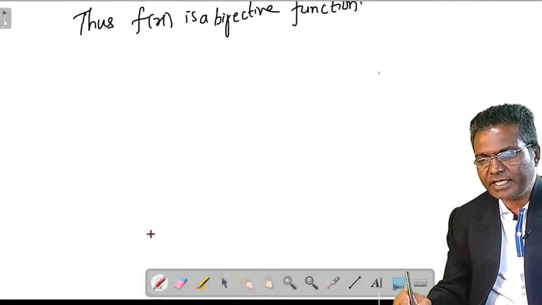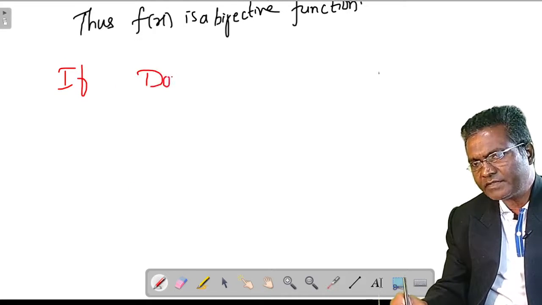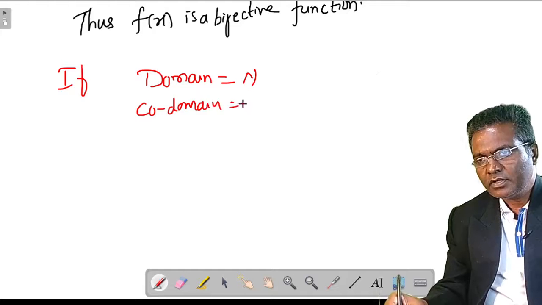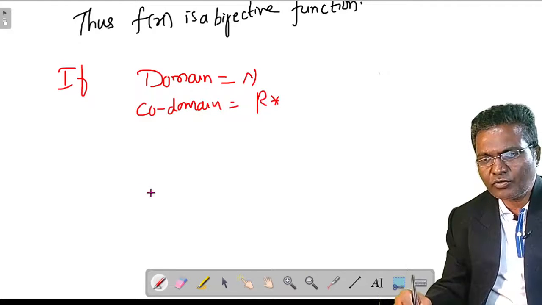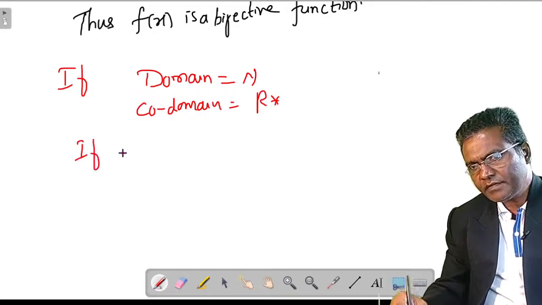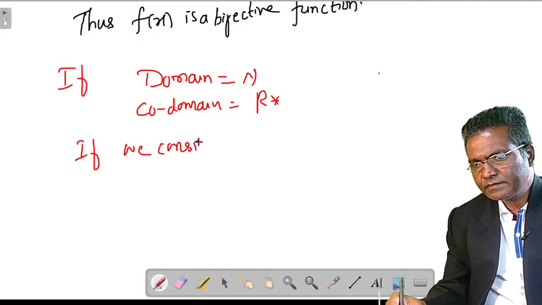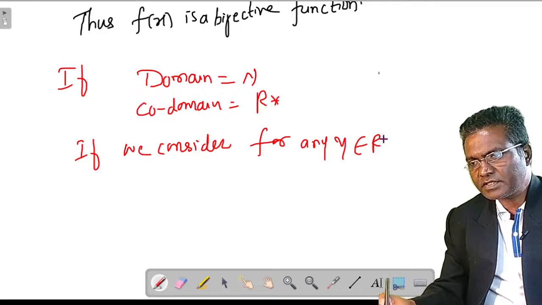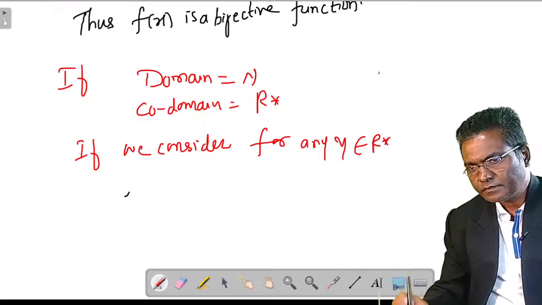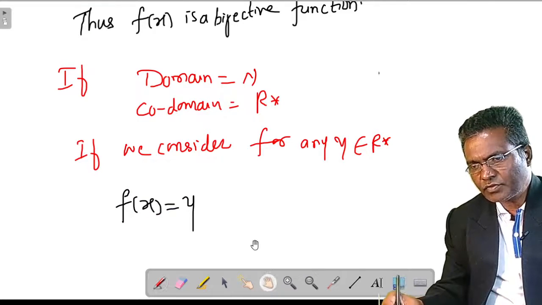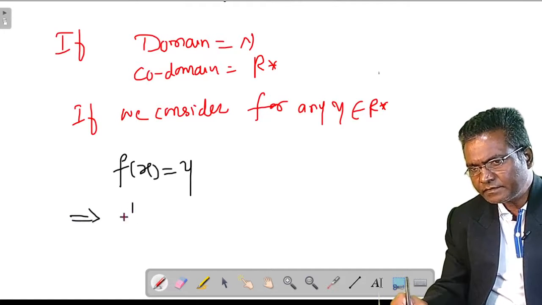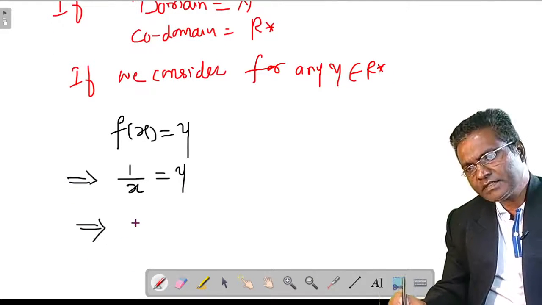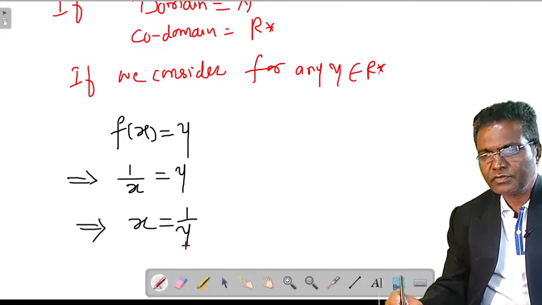But for ontoness, look here, if domain is equal to N and codomain is equal to R star, then for any y belongs to R star such that f of x equals to y, what does it imply? 1 by x is equal to y, which implies x is equal to 1 by y.